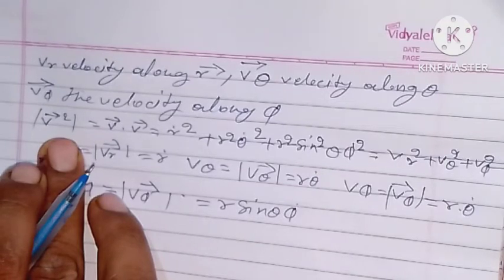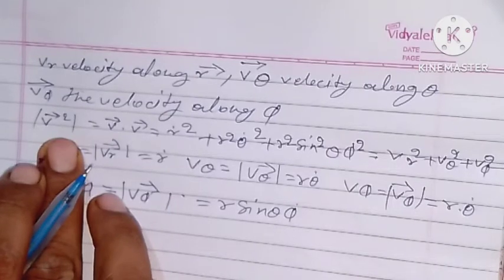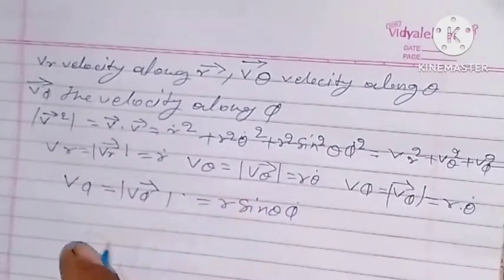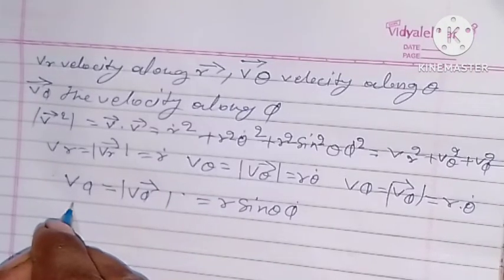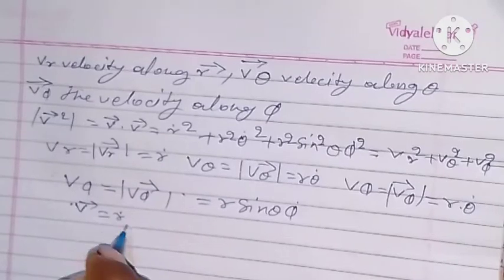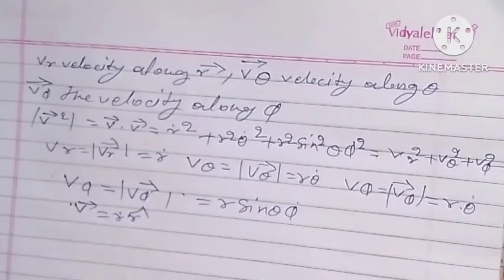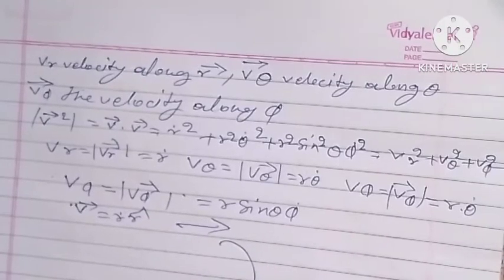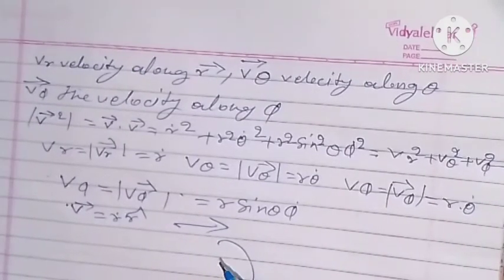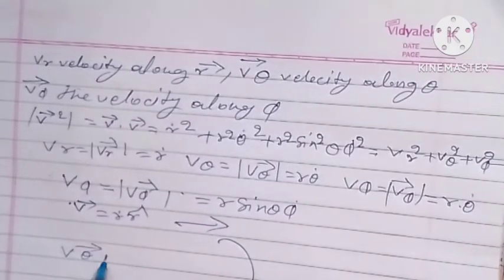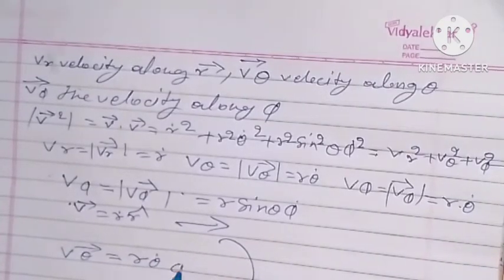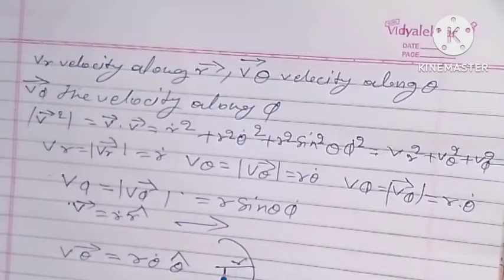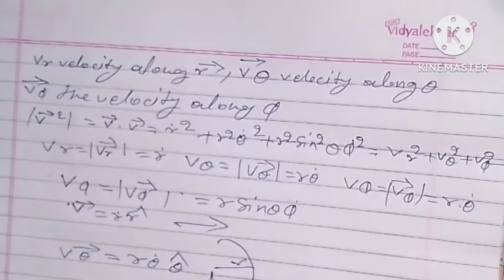If it moves along a circular path with a uniform velocity, it has only angular velocity, vector v theta equal to r differentiate of theta into unit vector theta, where r is the radius of the circle and differentiate of theta is the rate of change of angle.